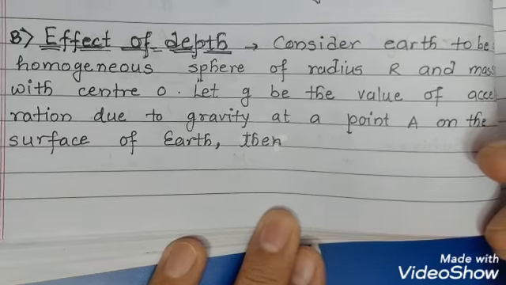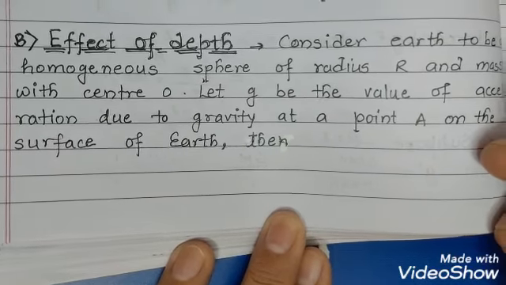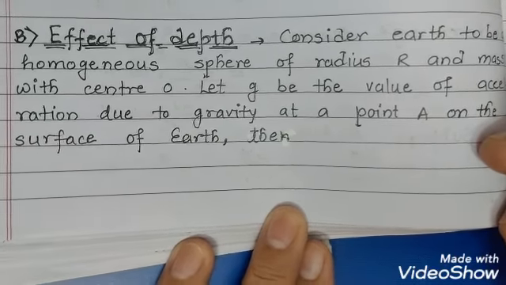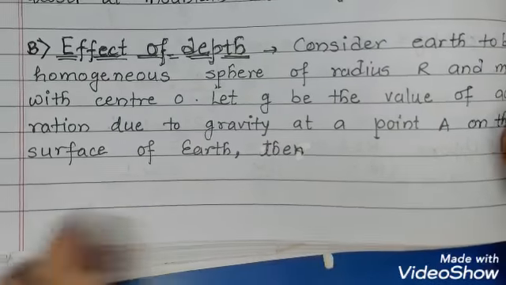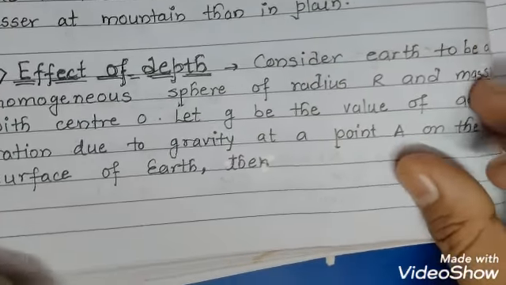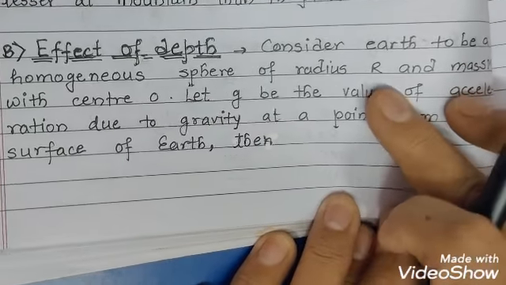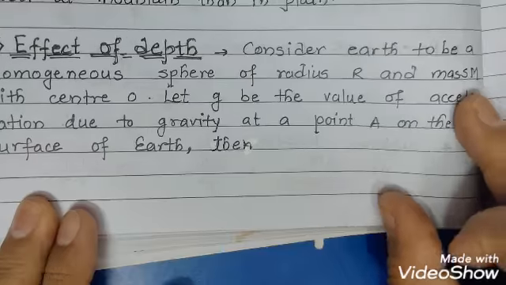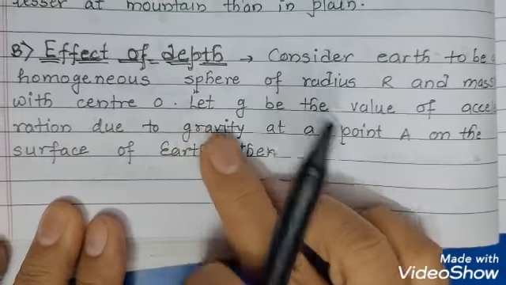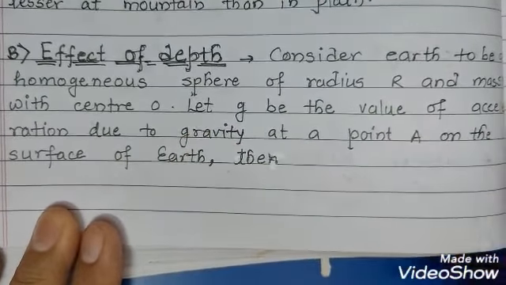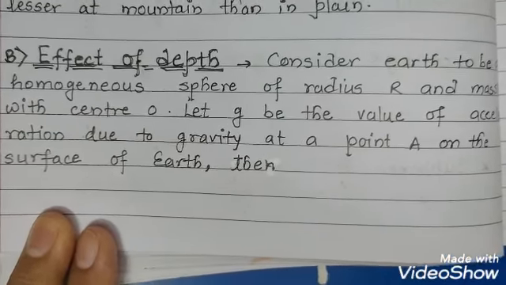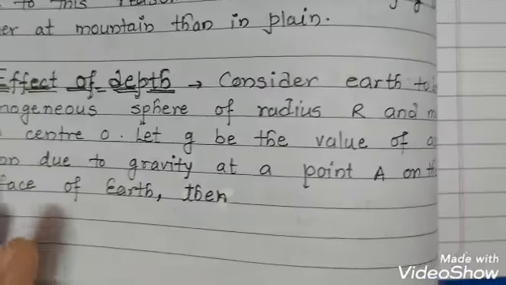Now we'll see variation of g, acceleration due to gravity, due to the effect of depth. For this, again we'll consider earth to be a homogeneous sphere of radius r and mass m with center O. Let g be the value of acceleration due to gravity at a point A on the surface of earth.